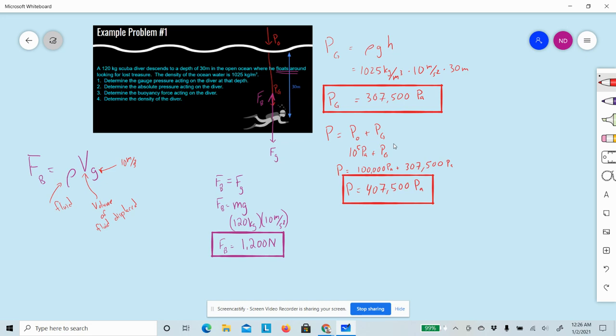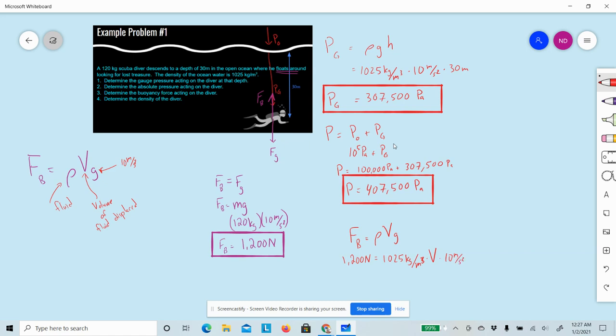So now the next thing. The last part of the question: the buoyancy force we know is equal to rho v g. 1,200 newtons was the buoyancy force. The density of the fluid is 1,025 kilograms per meter cubed, times the volume of the displaced fluid, which would be the volume of our man, and g, 10 meters per second squared.